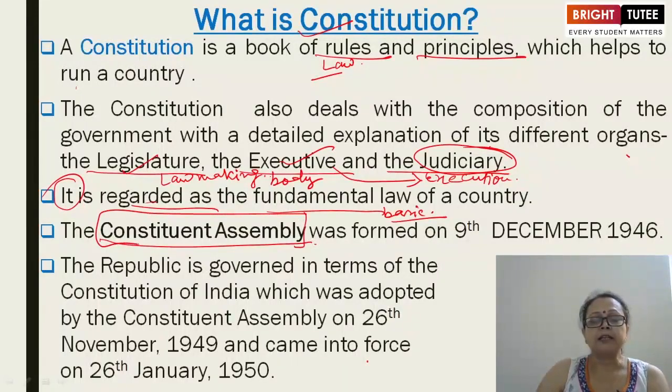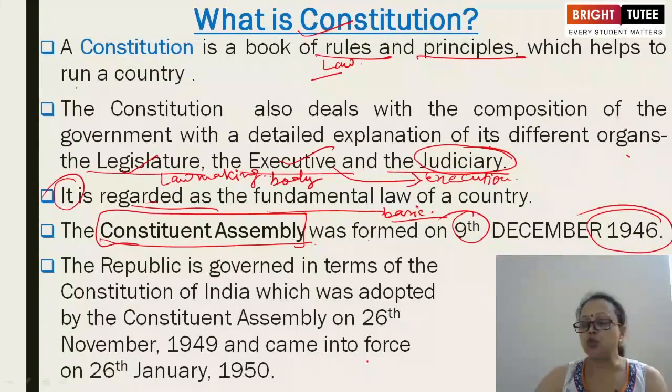When our country was about to get its independence, some of the eminent leaders of our country, who were actually members of the provincial legislative assemblies, formed it. You are learning this in your history also. This Constituent Assembly was formed on 9 December 1946.